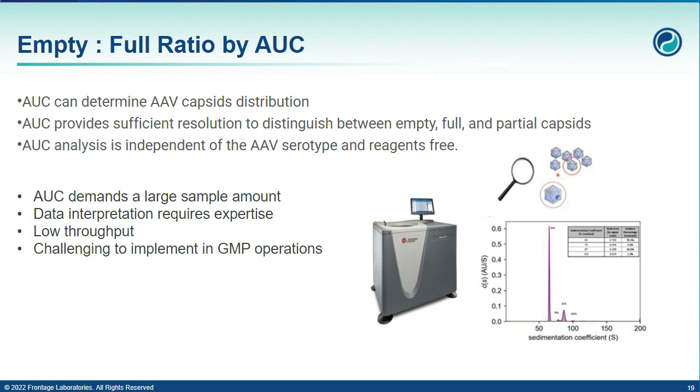The disadvantages of AUC include that it demands a large sample volume, the data interpretation requires expertise, the method is low throughput, and it is challenging to implement in GMP operations.